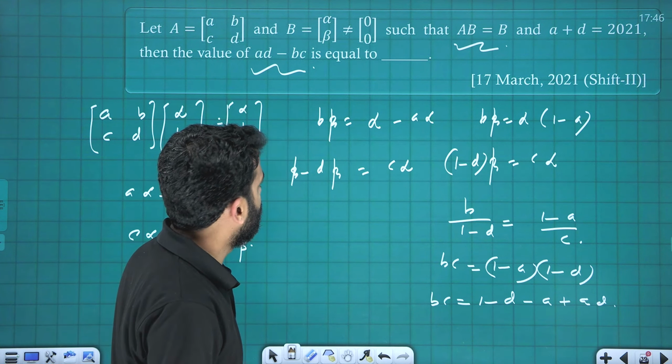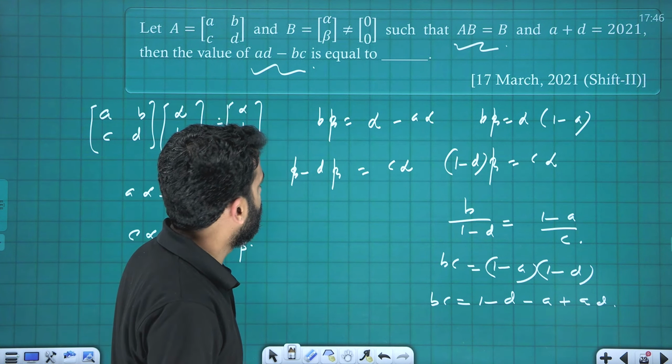It will be AD minus BC is equal to minus 1 plus A plus D. I took 1 minus D minus A to one side and BC to the other side.